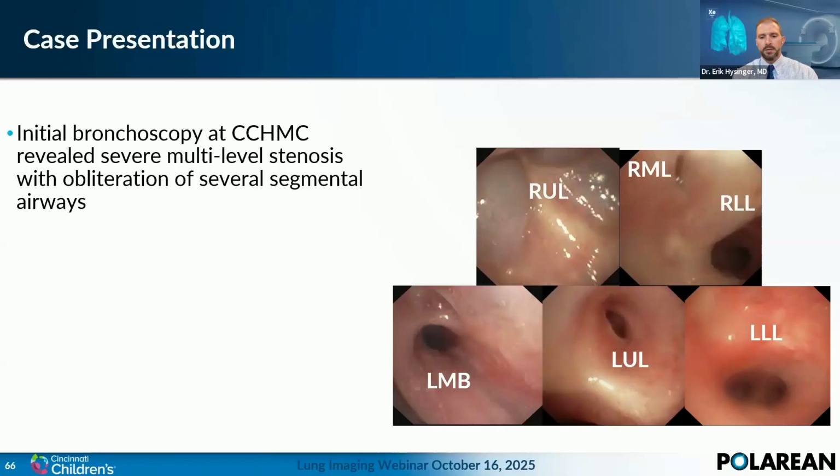His left main bronchus had a sort of helical scar band that you can see here that was very, very thick. His left upper lobe, down in the bottom middle, had been narrowed down to about 2 millimeters, and then he had another occlusive membrane of his left lower lobe. So he had very extensive bronchial stenosis, which certainly explains why he was quite short of breath.